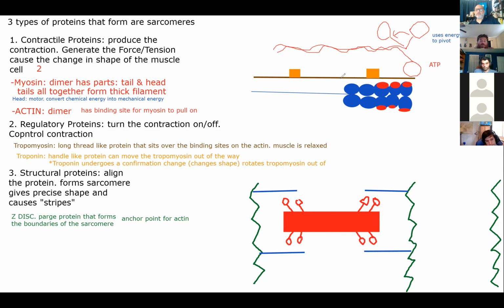And I'll just draw a couple of these. And since we've drawn them, let's go ahead and put our regulatory proteins in here as well. We know that thread-like tropomyosin is going to be sitting in between the actin and the myosin.